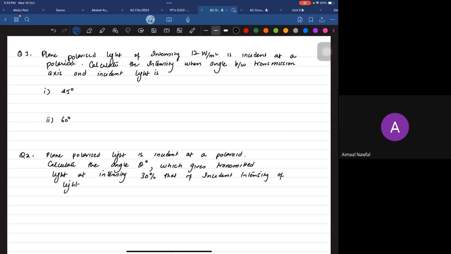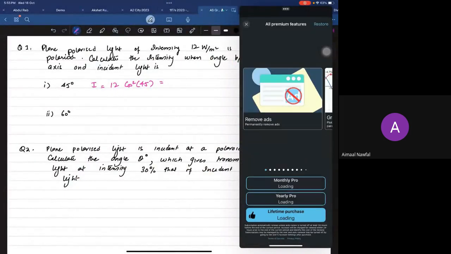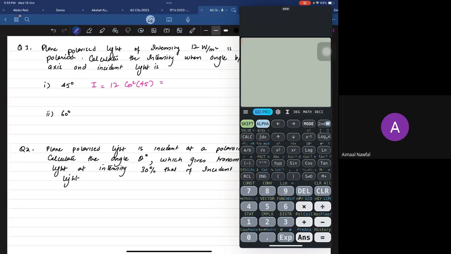All right, kids. First one, please. Who got it? So I got 6 and 3. 6 and 3, that is correct. So all you need to do is I equals the incident intensity 12 times cosine square 45. If you don't know how to square, on the calculator type 12 times, put a bracket, cosine, write 45, and then square the bracket like that.